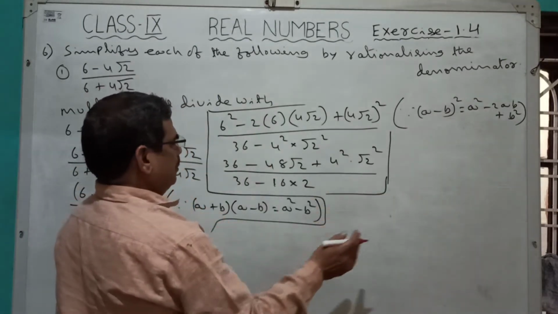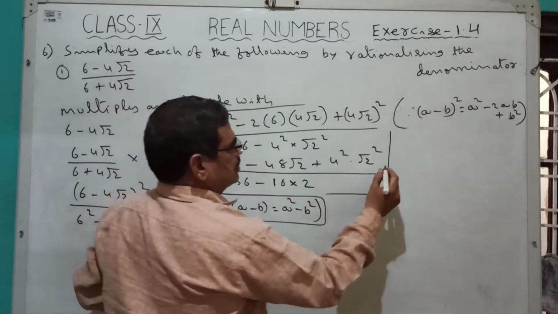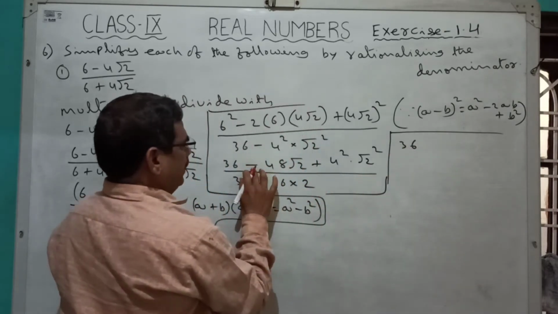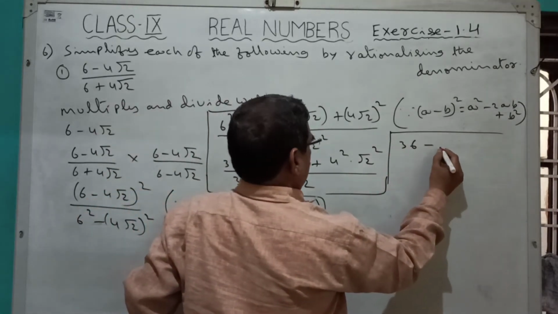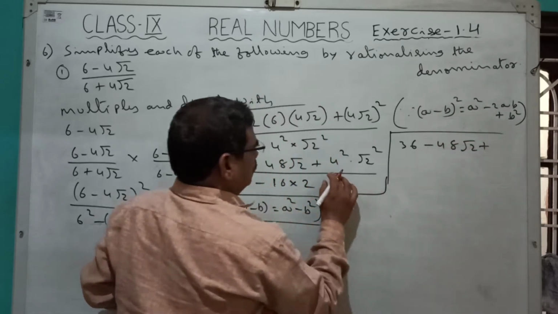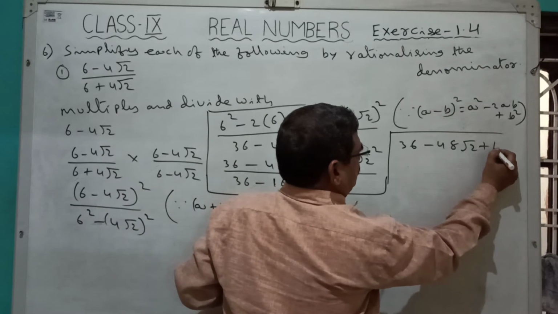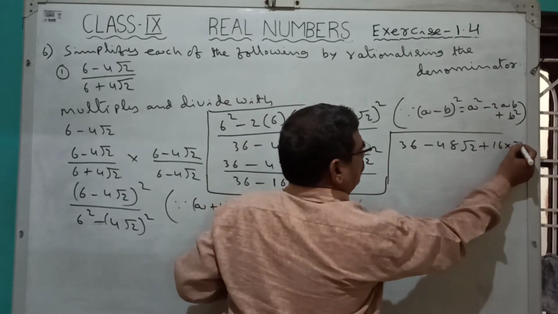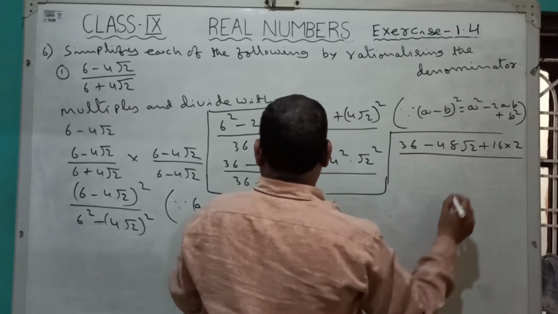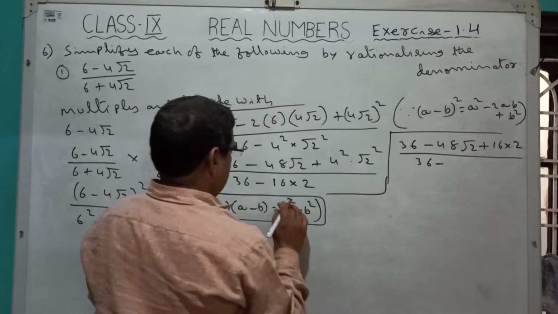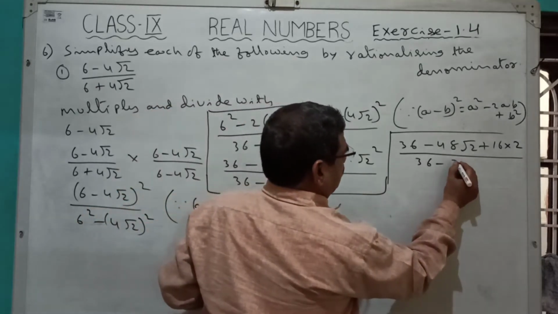So next step, 36 minus 48 root 2 plus 4 square means 16 into root 2 square will get cancelled, 2 is the final answer. By 36 minus 16 2s are 32.